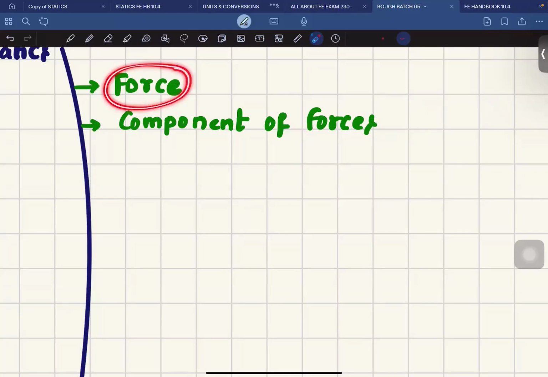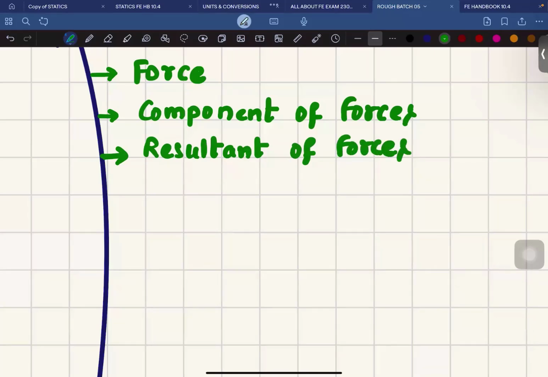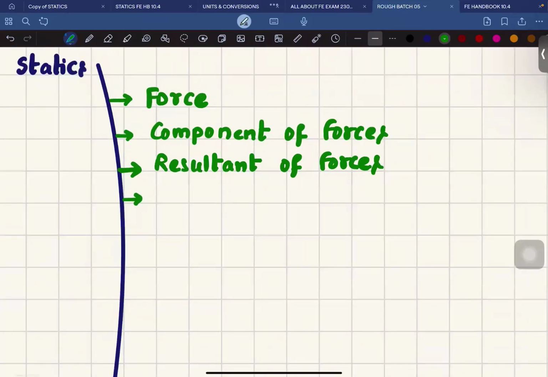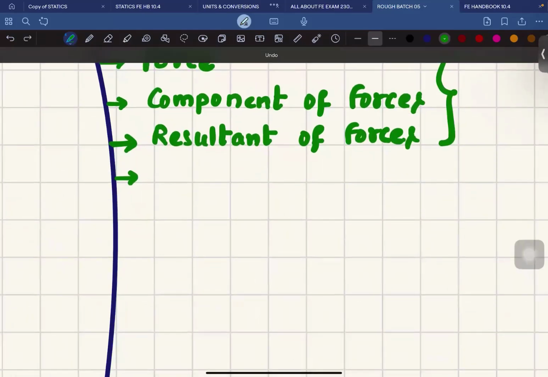Pull or push is simply the force, and then breaking this force into components. And then we'll do the resultant of forces. It's like if there are two forces acting on a body, then finding the combined effect is the resultant. After knowing about the forces, we'll come to know slightly something called moment.